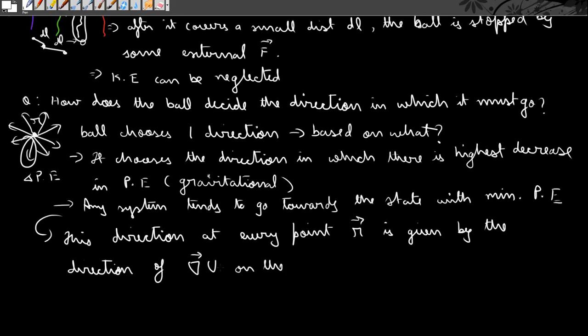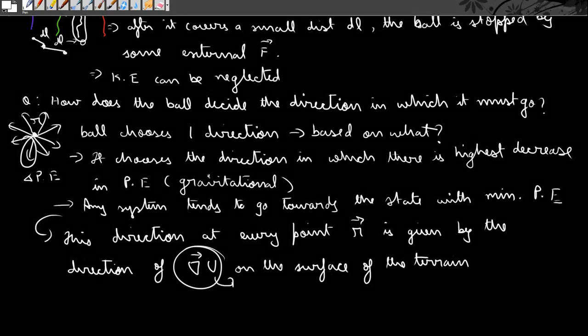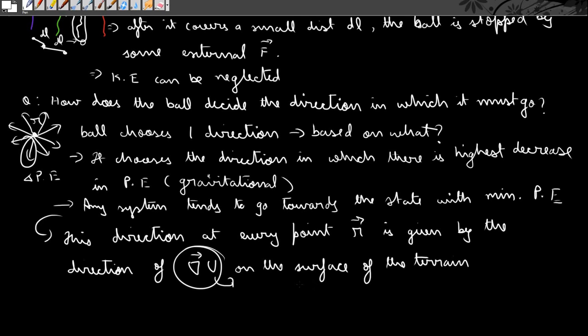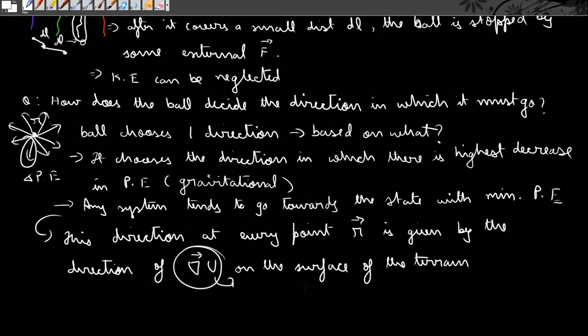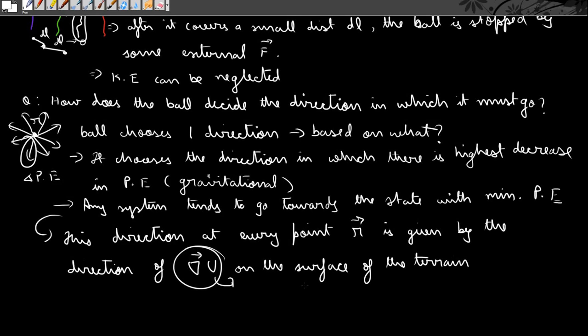This is defined on the surface of the terrain. This particular quantity, the gradient of the potential energy function, is going to give us the direction of maximum decrease in the value of the potential.